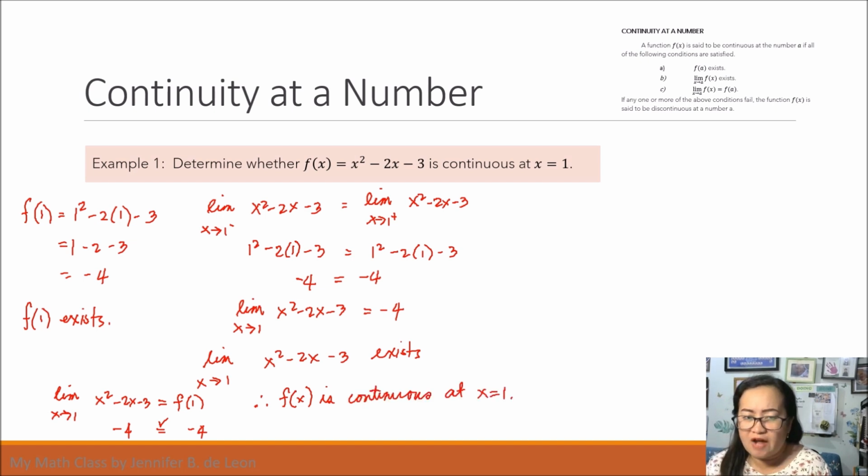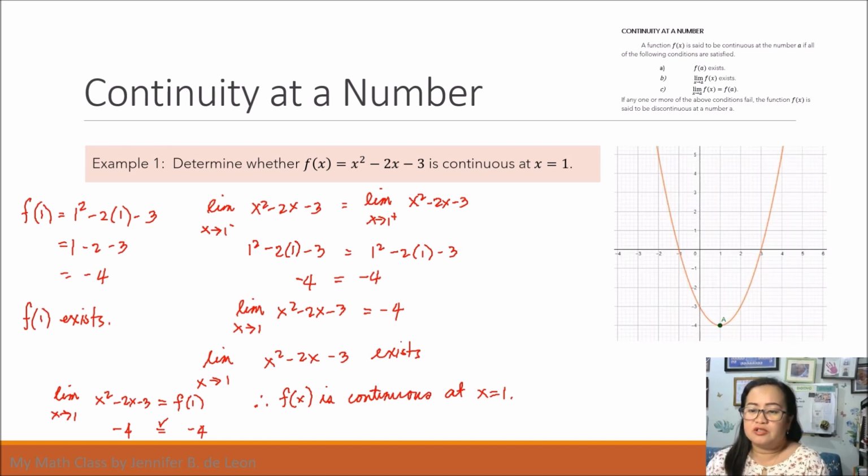We use the graphical method to confirm our conclusion that the function is continuous at x equals 1. Using GeoGebra or Desmos, we can have this graph and we can plot the point at which x equals 1.